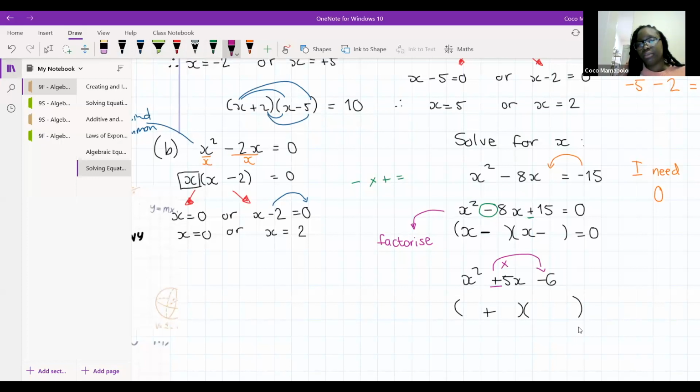A positive times another positive will give you a negative. Nope. A positive times a positive would give me a positive. What do I need to multiply by to get a negative? A negative, sorry, ma'am. Negative, that's it. So my signs would be positive and negative.